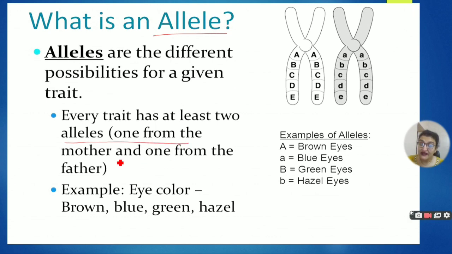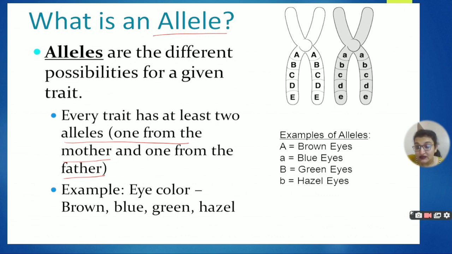One allele is for sure coming from the mother, and the other one is coming from the father. Let's take the example of eye color. It can be brown, blue, green, or hazel. So every allele is showing a different character.